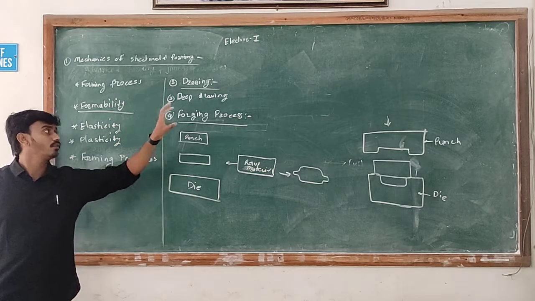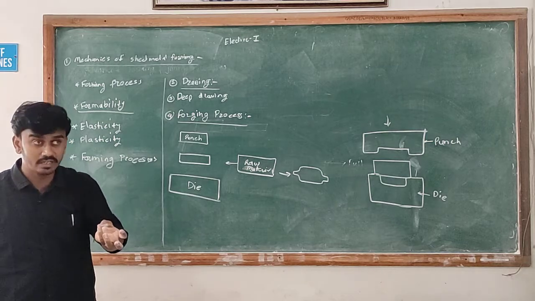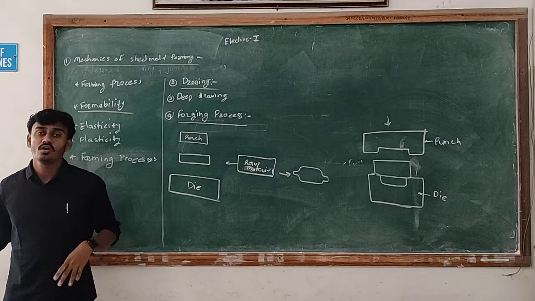We have discussed four processes up to now: the first one is rolling, the second one is drawing, the third one is deep drawing, the fourth one is the forging process.